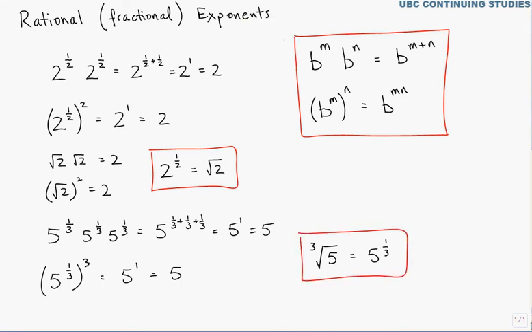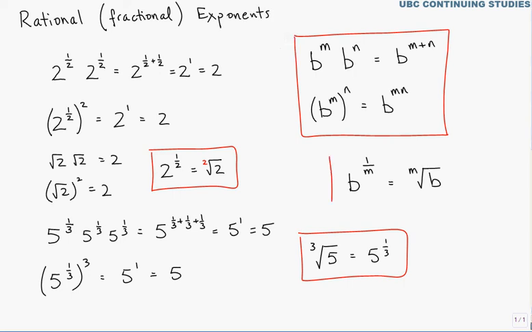And here's the link. It's not quite as obvious because we don't put the index in, but remember, when there's no index written, there's an index of 2 implied. So if we have a base to the power of 1 over m, that m is the index on the radical.